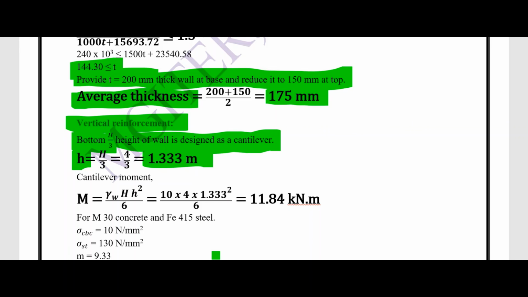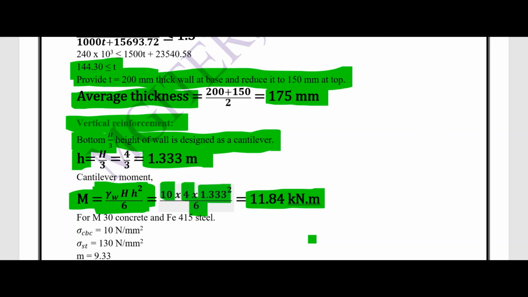The cantilever moment M is equal to gamma W into capital H into small h square divided by 6. Gamma W is 10, height is 4, small h, divided by 6. So now we have a moment of 1184 kilonewton meter.